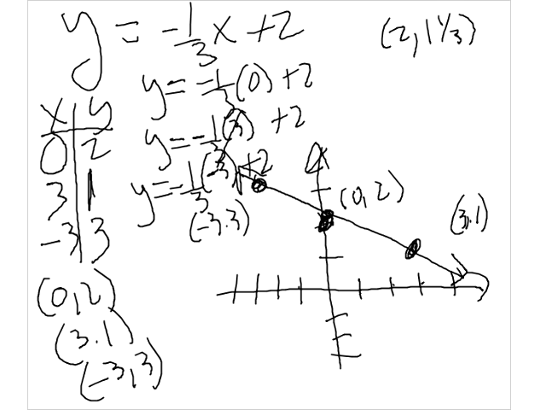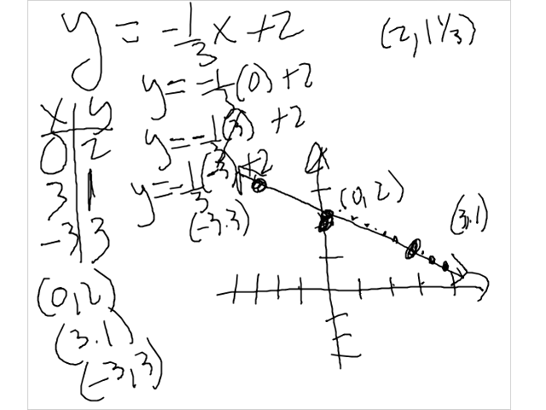Anyway, I've got the arrowheads on there like they do, and I remind us one more time that any place on this line, and this line is composed of an infinite number of points, is also on the line.